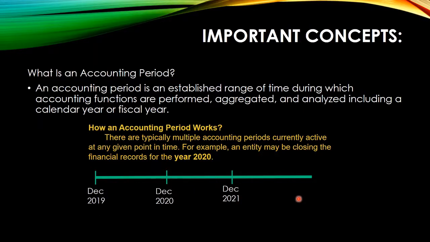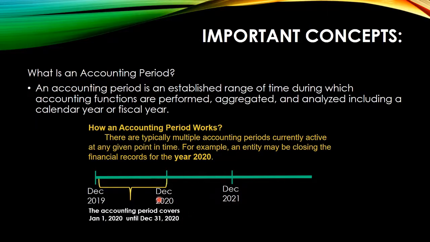So another example. An entity has a financial record for the year 2020. So it means it is yearly. The accounting period covers January 1, 2020 until December 31, 2020.